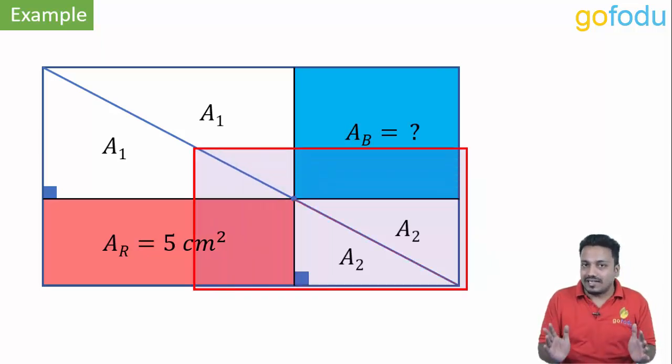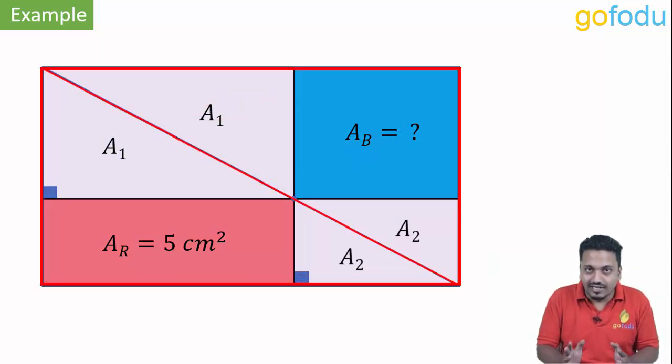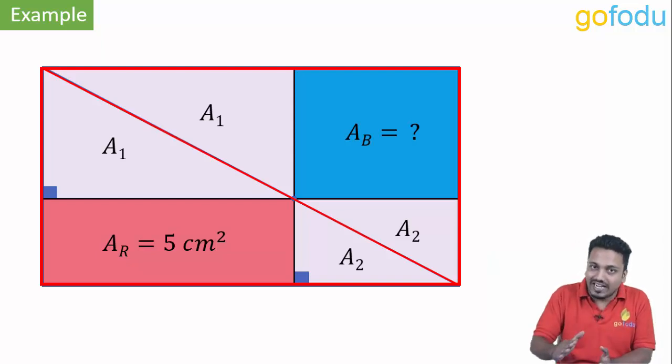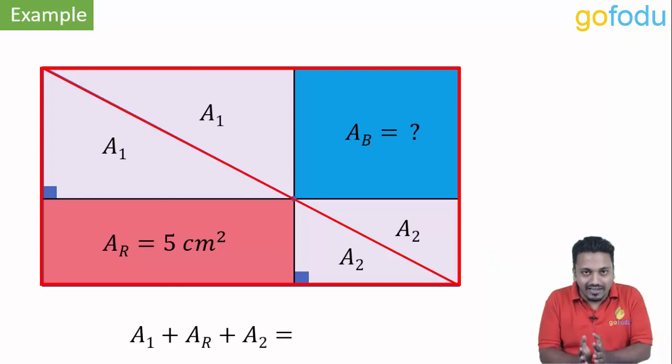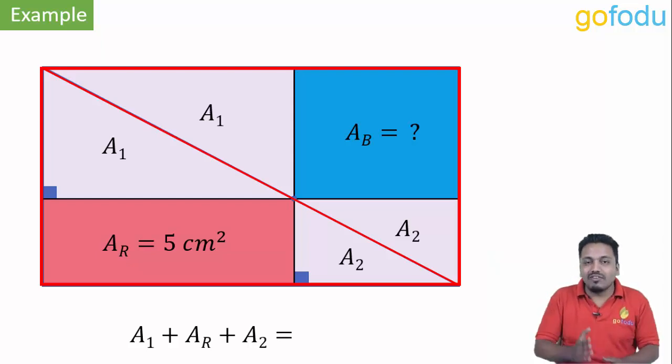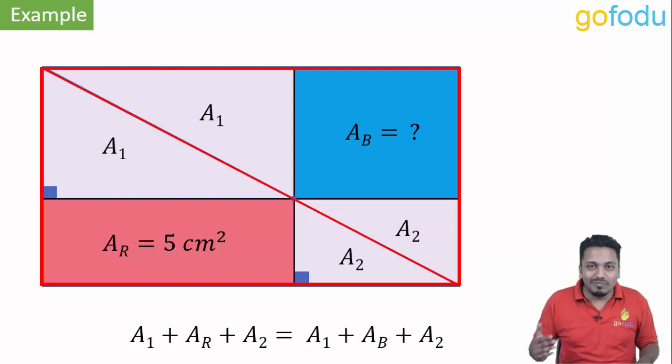Now in this bigger rectangle, the whole figure, diagonal is dividing it into 2 triangles of equal area. So A1 plus A red plus A2 will be equal to A1 plus A blue plus A2, right? A red is equal to A blue. As I said earlier, usually in such questions, areas are equal.